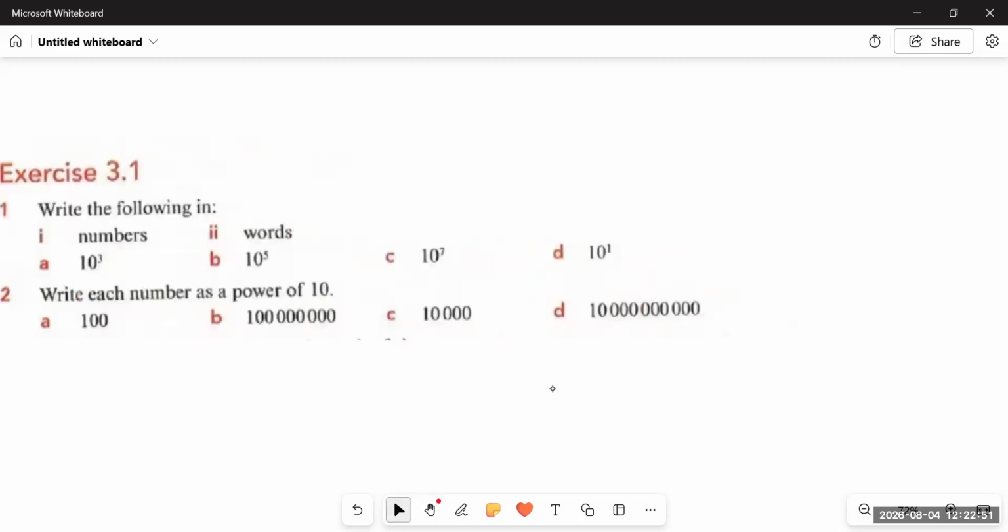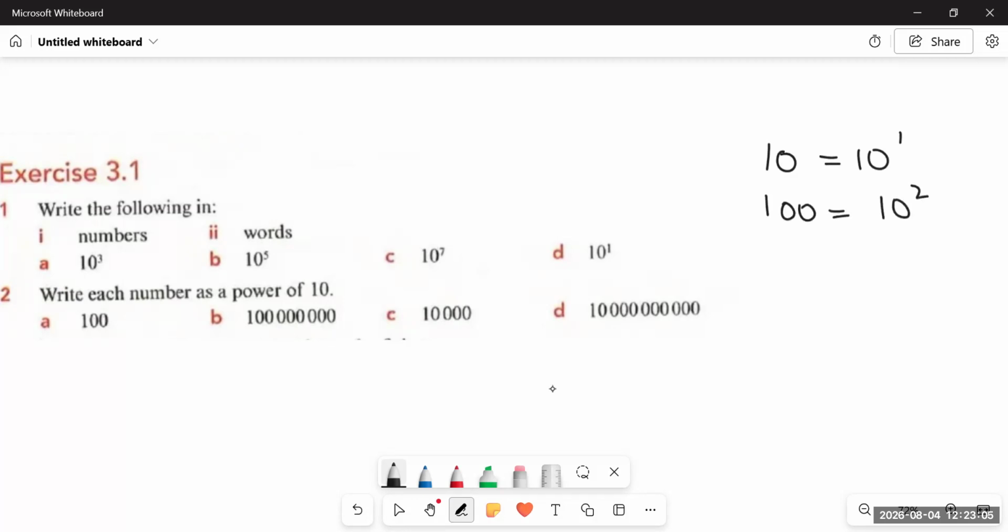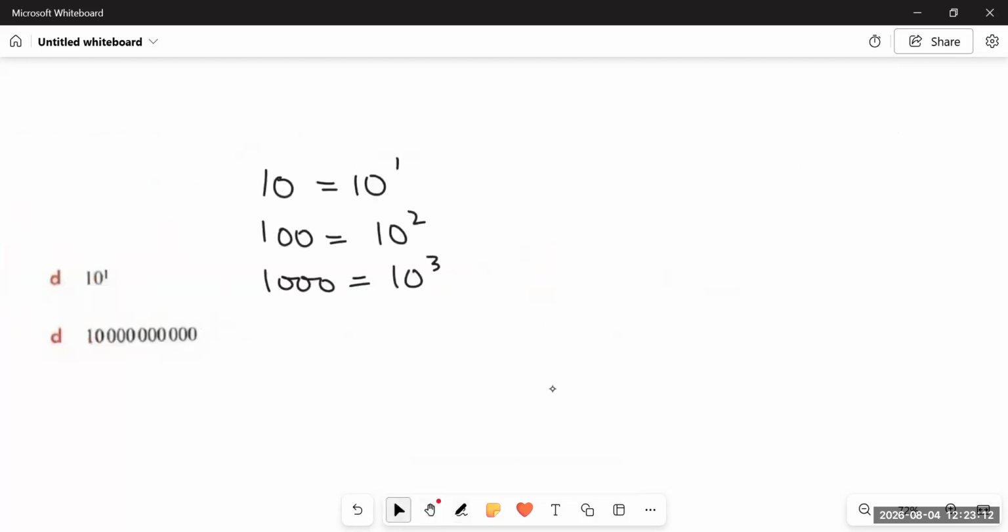Okay, in numbers means we have to write it down in the expanded form. So always remember, if you have 10 with no power, it is always equal to 10 power 1. When we have 100, it is equal to 10 power 2. 1000 equals 10 power 3, and so on. So what does this power tell us?